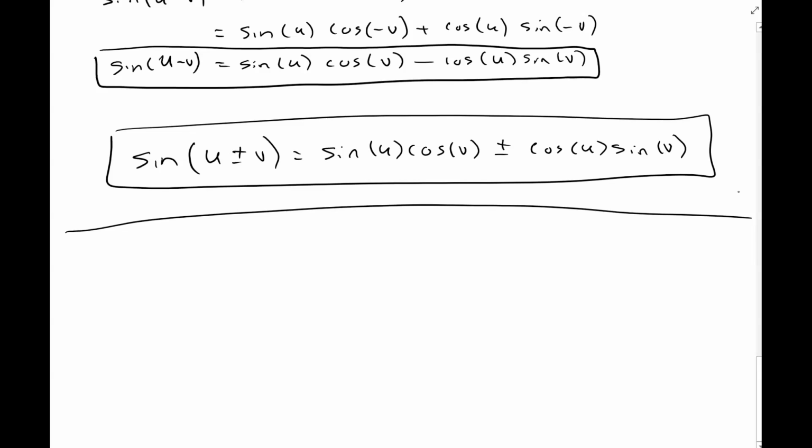And let's do one more. And luckily, this one is the easiest one. Because what is tangent? Sine over cosine.